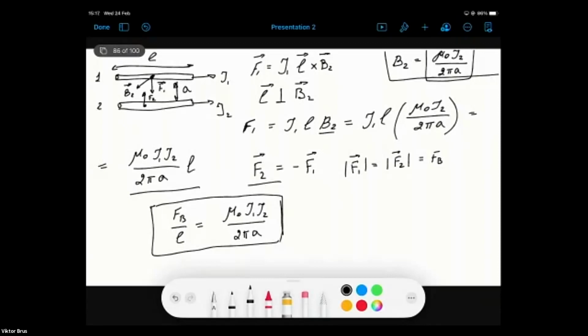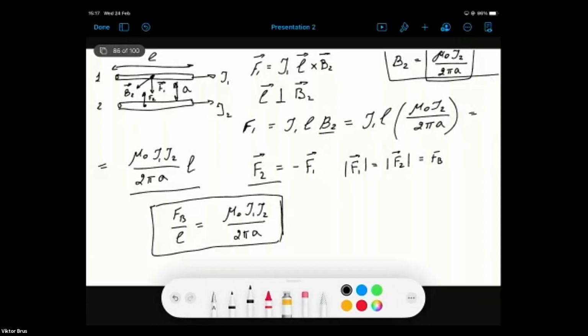And by the way, this feature of interaction between two long wires is used to specify the calibrated value of 1 ampere, which defines, so the definition of 1 ampere is when two long wires separated by 1 meter interact per unit length with a force of 2 times 10 to minus 7 Newton per meter.